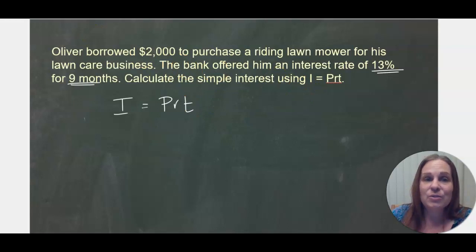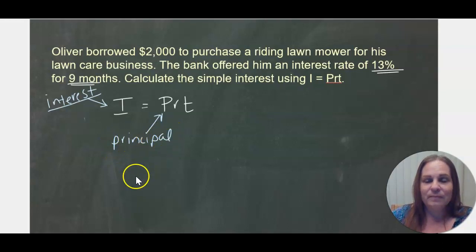In order to use this formula, we need to know what everything stands for. So the I is interest, right? That's the amount of money that we're going to pay in interest. The P stands for the word principal, which means your starting amount. So I'll put starting money.